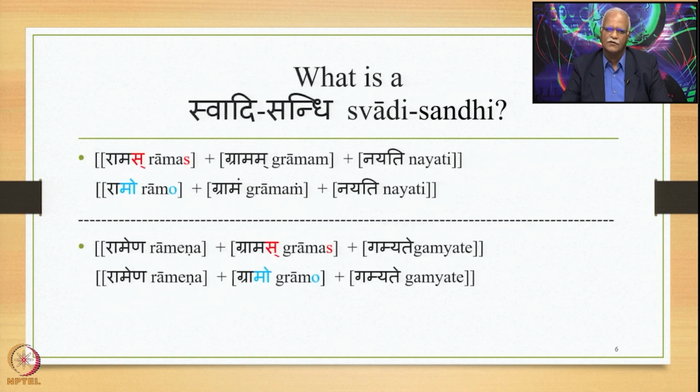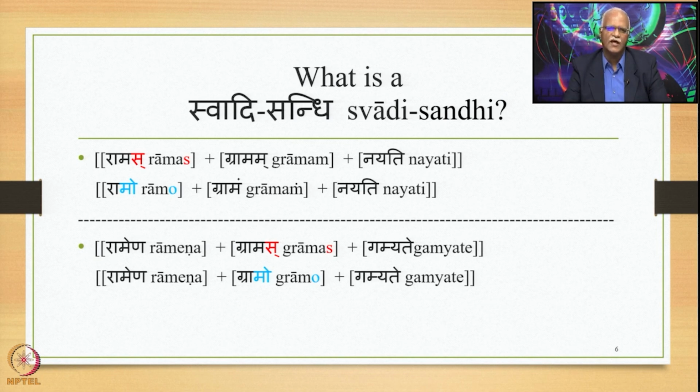And so, the other example of Swadi is this. This is the specific example of the Swadi Sandhi, which explains the generic template that we saw earlier. So, if you have Ramas plus Gramam plus Nayati, where there are three padas, Ramas the first pada, Gramam the second pada, and Nayati the third pada.